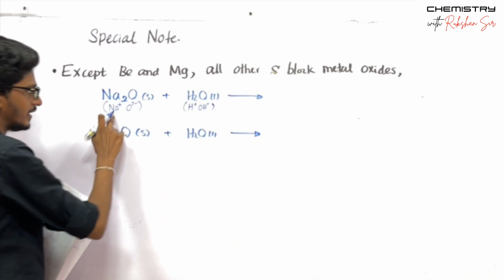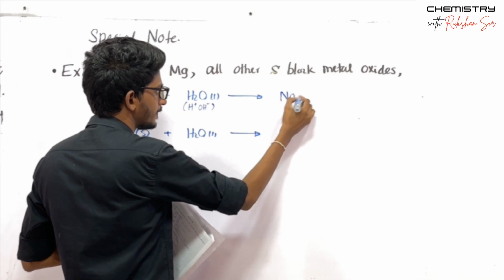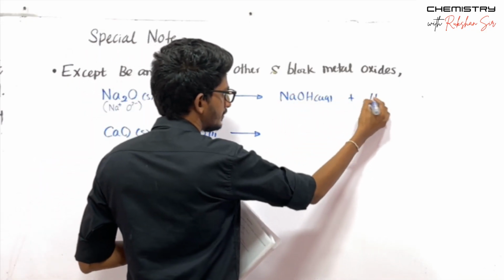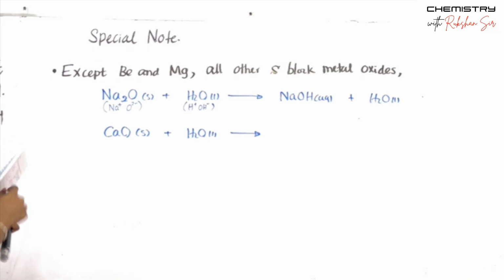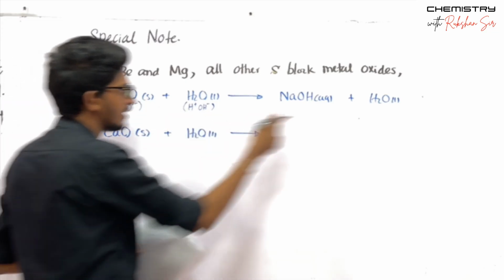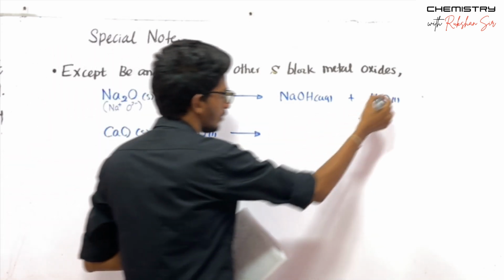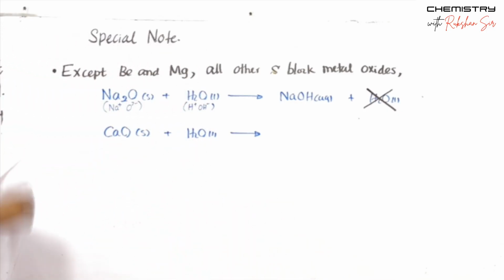So ion exchange gives NaOH and H2O. But remember that we are not supposed to write the same chemical component on both sides of the reaction. So H2O is not written. Just the NaOH unit is the product.